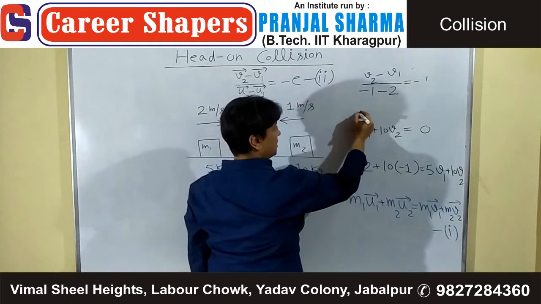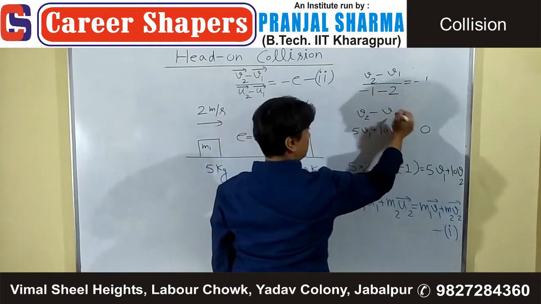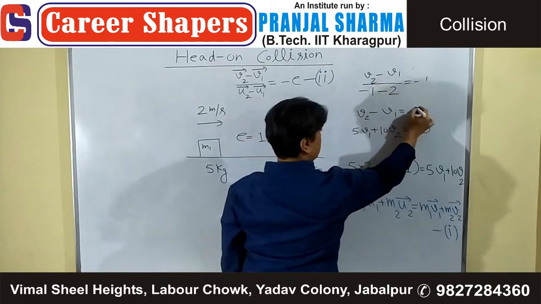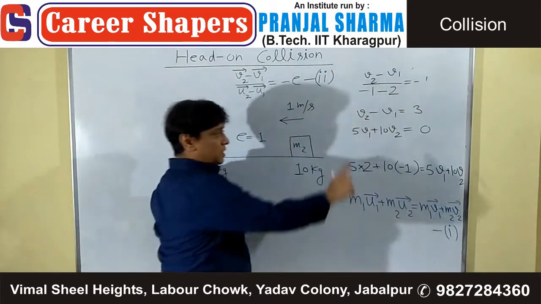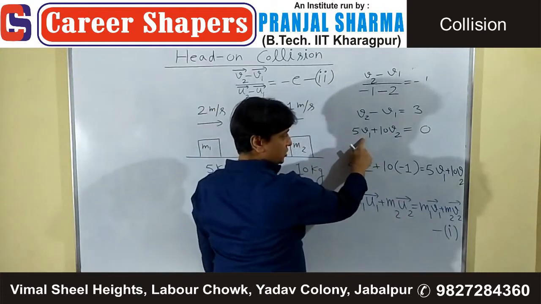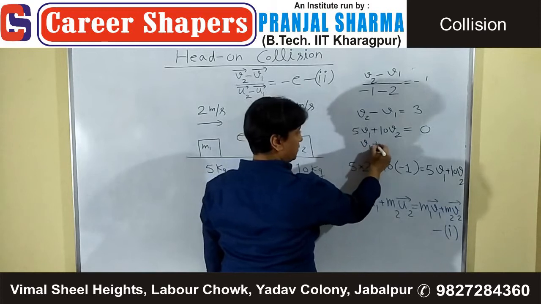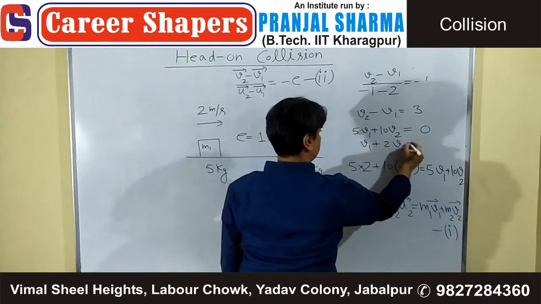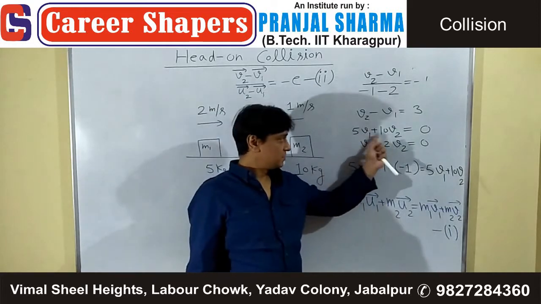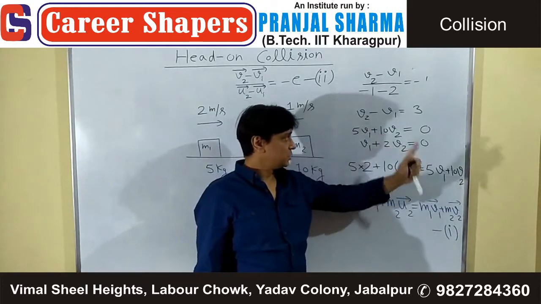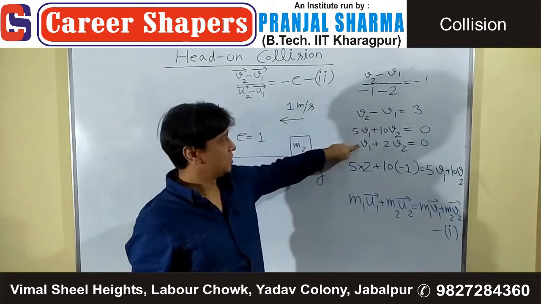This becomes V2 minus V1 equals 3. The first equation you can simplify, and it gives you V1 plus 2V2 equals 0, since 5, 10, 2 is 0. Now this is your second equation, and this is the simplified first equation.